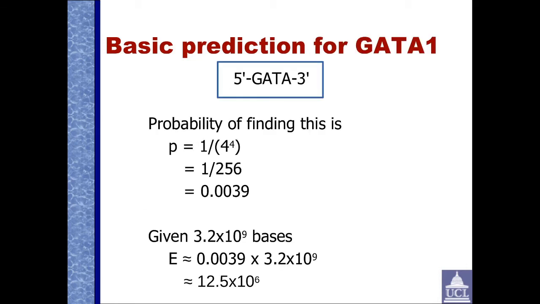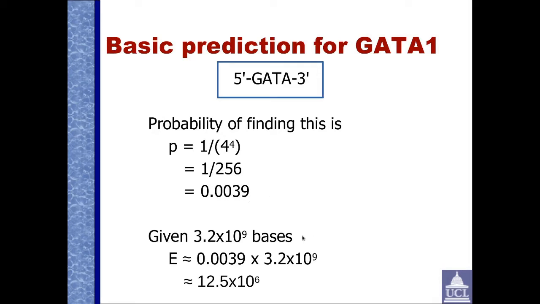If we took that example of GATA, so just using 4 bases, if we assume that all 4 bases are used at the same frequency, then the probability of seeing this sequence GATA is 1 divided by 4 to the power of 4. In other words, 1 over 256, which is 0.0039.